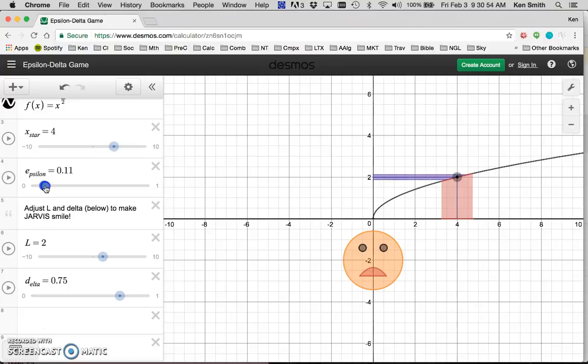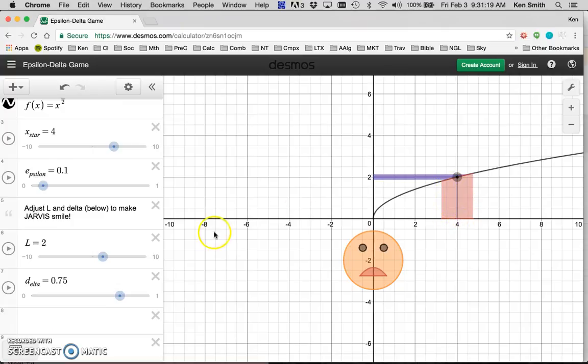Now my tolerance is smaller. I'm pickier. I say, if you're trying to prove the limit is 2, I want you to get me within 1/10 of 2. There's my thin purple horizontal band around 2, the epsilon band. Here, this vertical stripe is what you might think of as the delta band.